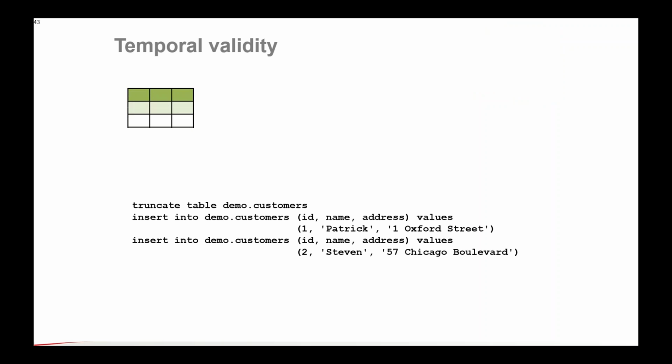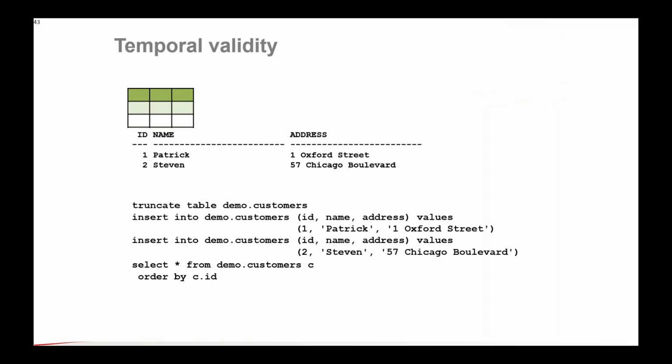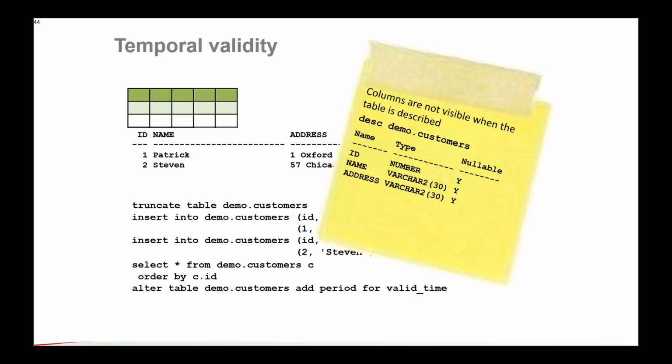Well, if I alter the table, add a column, or actually 2 columns, the period for valid time. What it actually does is it creates 2 extra columns, which don't show up when you do a describe.